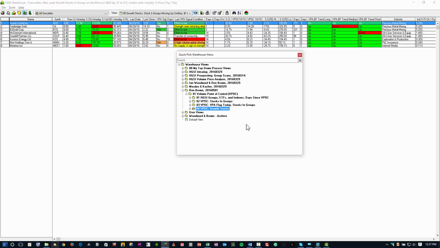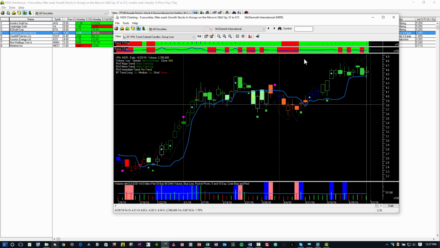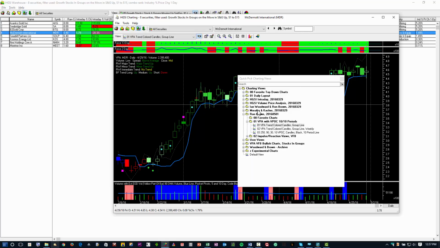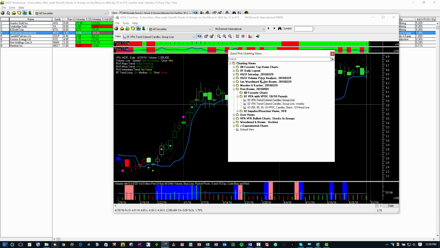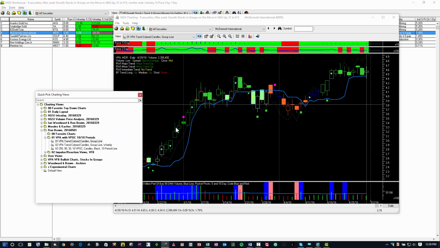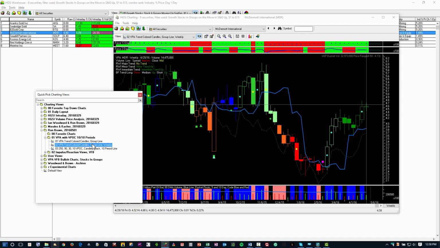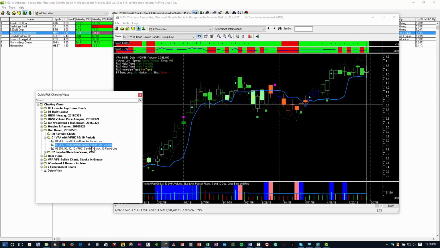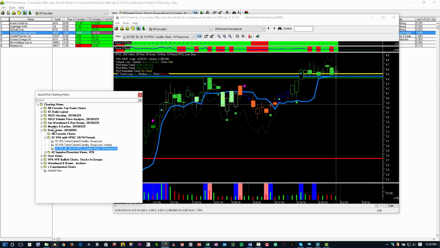Anyway, that's what I have for you now, but I do have to show you some of the charts that I am putting out here for you. These are trend channel colors on the candles. Here's the weekly version, daily version. This is from the volume price analysis.